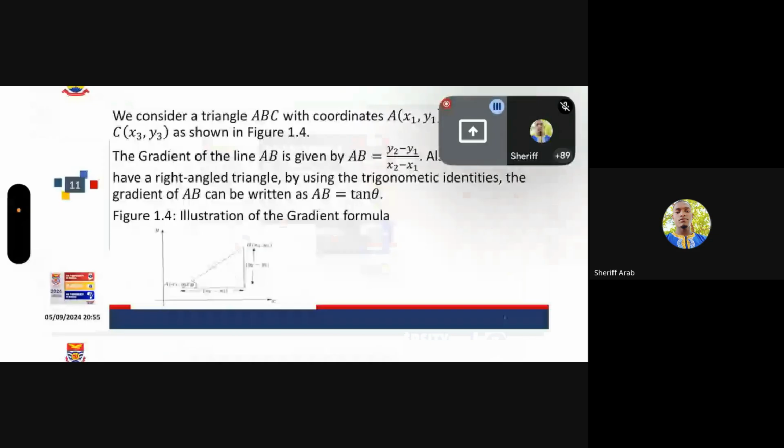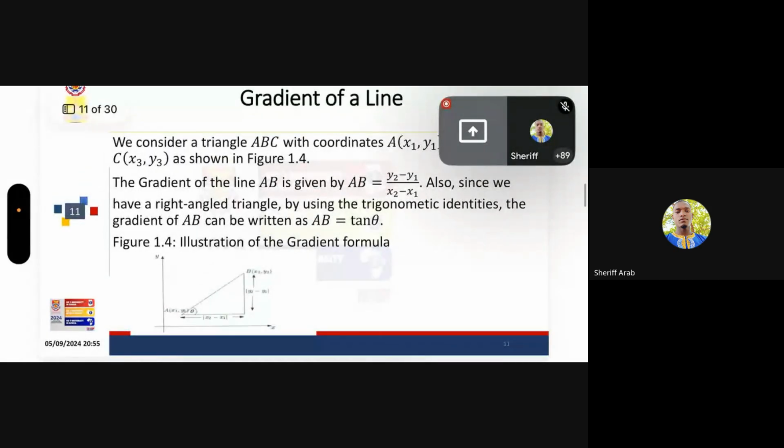So that is it. y2 minus y1 divided by x2 minus x1. Okay, so the gradient of the line AB is y2 minus y1 over x2 minus x1.